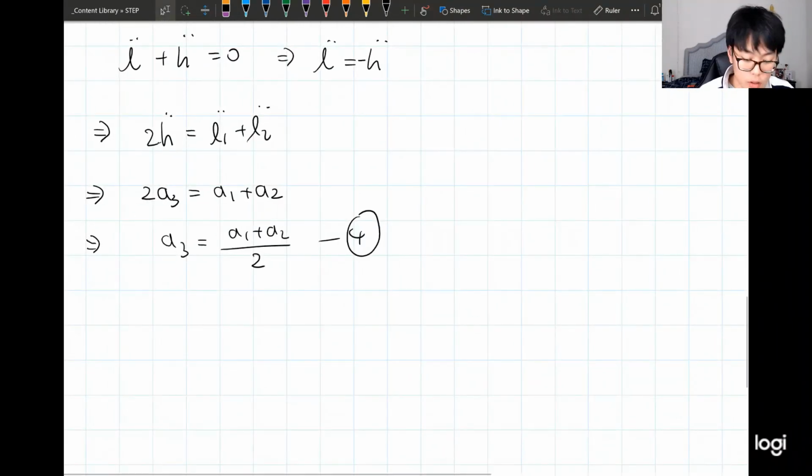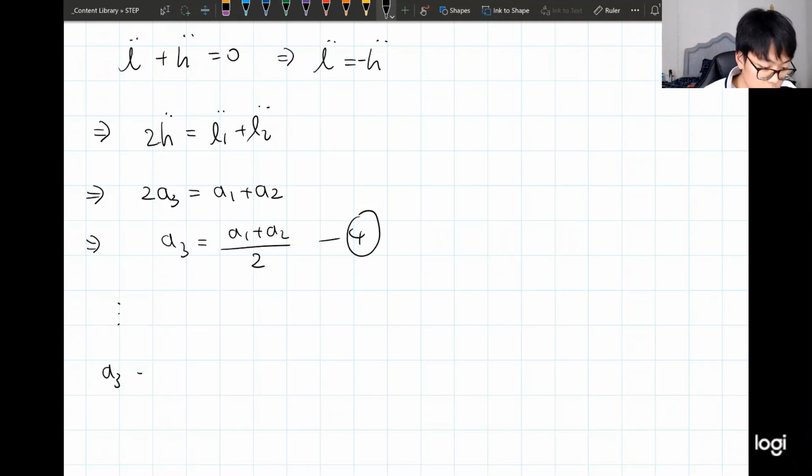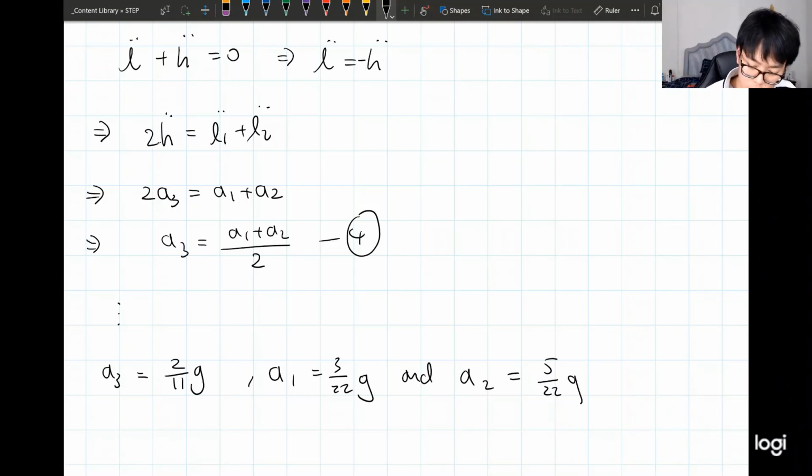Again, I'm not going to go through the algebra, but if you do, what you should find is that the numbers are not nice. A3 is 2 over 11 g. A1 is 3 over 22 g. And A2 is 5 over 22 g.